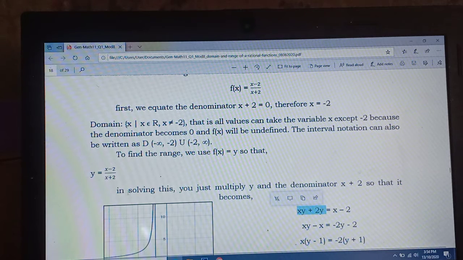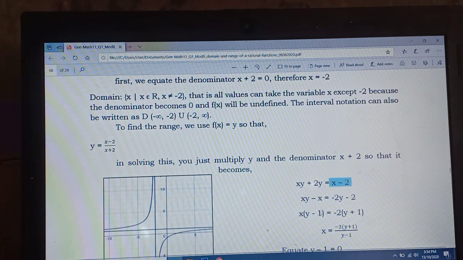Since that is cross multiplication, the denominator here is 1. So x minus 2, nothing changed here. And then, combine the similar terms. I arrange xy minus x is equal to negative 2y minus 2.